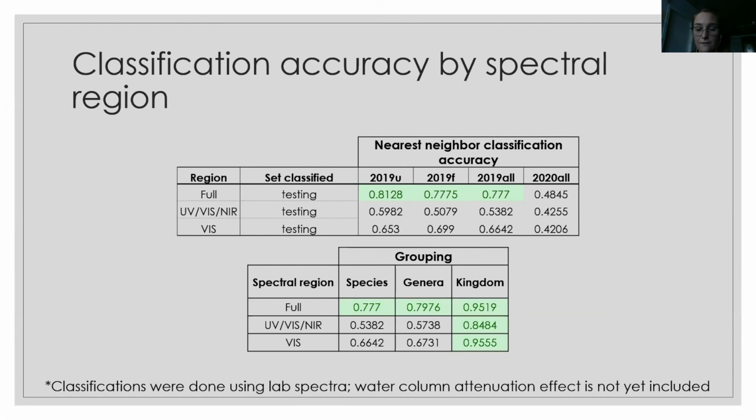And same as before, if you weren't interested in species, you wanted to look at something like the genera or the kingdom, you again have that higher classification accuracy, with separating between plants and algae being quite reliable under every condition. So it could be potentially useful for different water types and different depths.